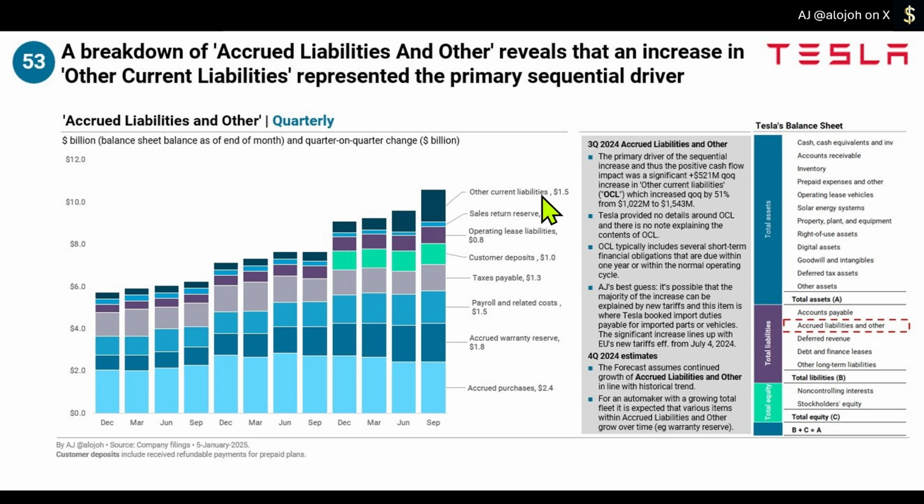I can be completely off here, because the other item it could be strongly correlates with the exceptional performance of the energy business. This could also be in relation to some accrued liability that has to do with the scaling of the energy business.